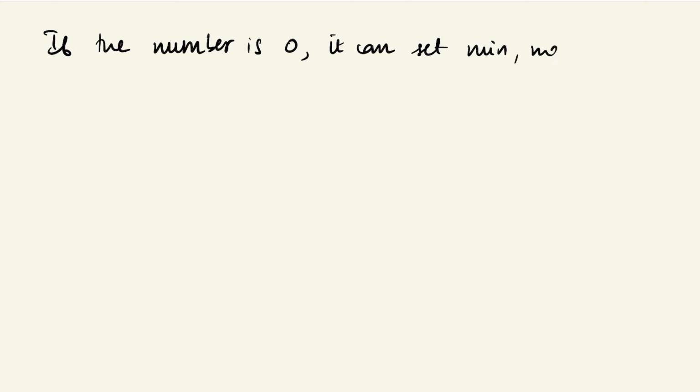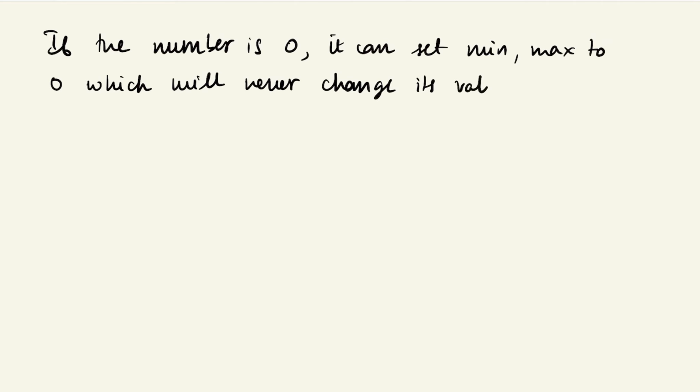You can set the min and max to 0, which will never change its value. And this is a problem, so we have to address it. We could just set the minimum and maximum to 1 if they do hit 0. So let's look at that in the code.